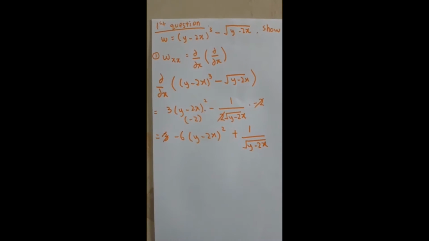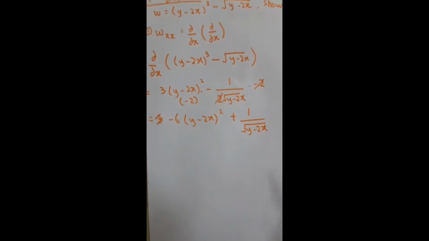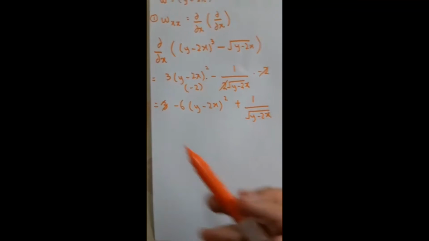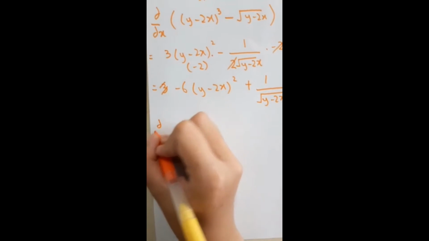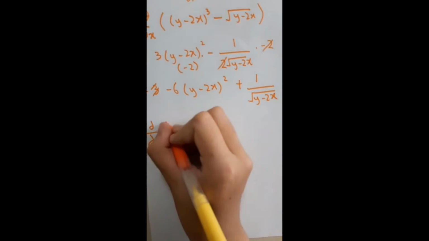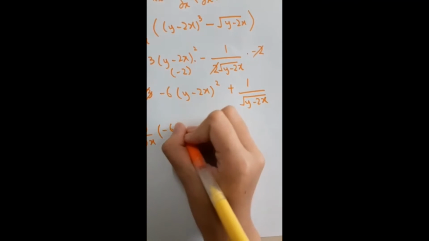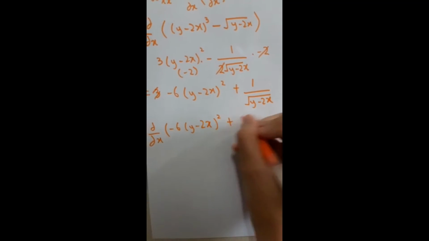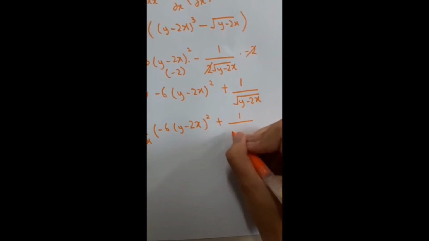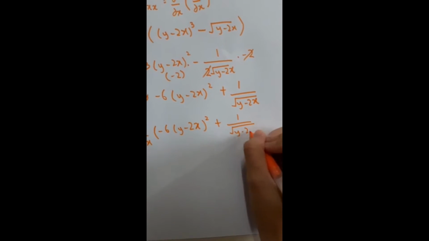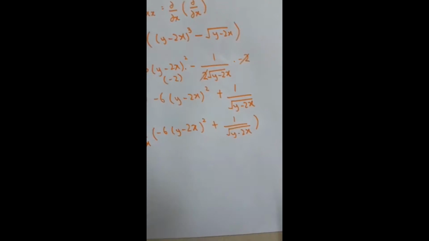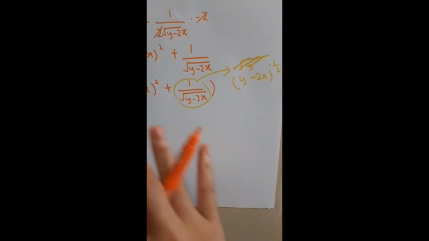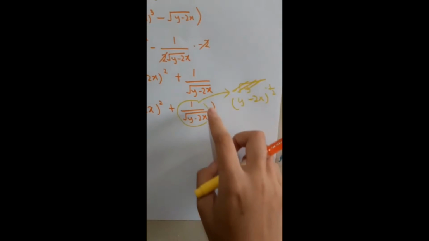So we must differentiate again with respect to x. Okay, so del over del x of negative 6(y minus 2x) to the power of 2 plus 1 over square root of (y minus 2x). Before we differentiate this function, we must simplify this.